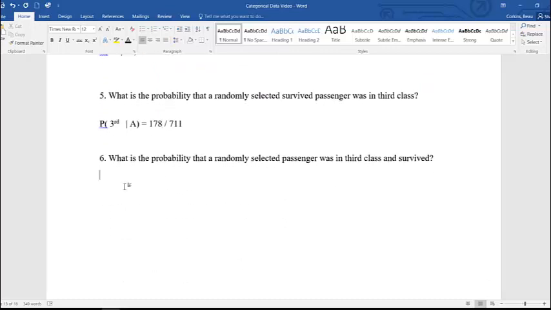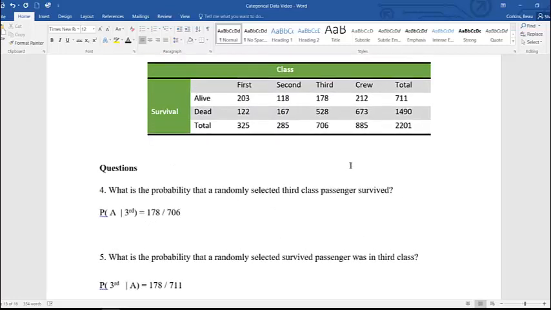One more. What is the probability that a randomly selected passenger was in third class and survived? So notice the difference on this one. Probability randomly selected passenger was in third and survived. That means out of everybody. That's out of the 2201.